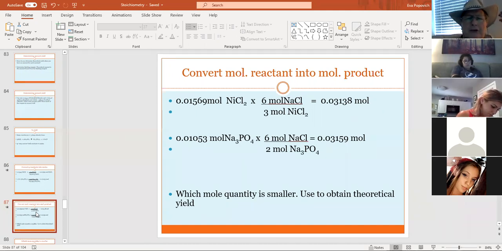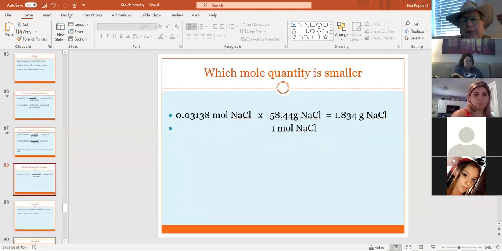What's my limiting reagent, guys? Nickel chloride. So I'm going to use my 0.03138 moles of sodium chloride to determine how much product I made. I'm going to multiply it by the molecular weight.